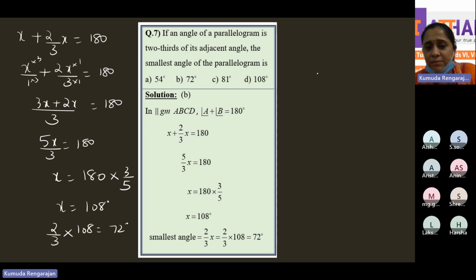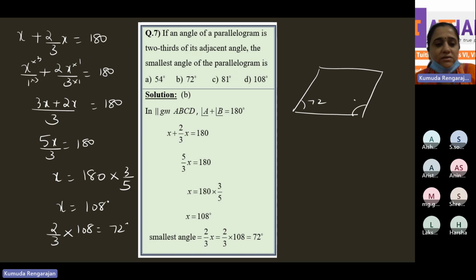It's a parallelogram. One angle is 72, the other angle is 108. Opposite angles are equal. So the smallest angle is 72 degrees. Since you can't see the steps clearly here, you can make a note of this, children.